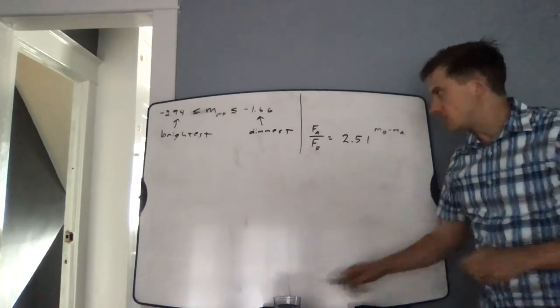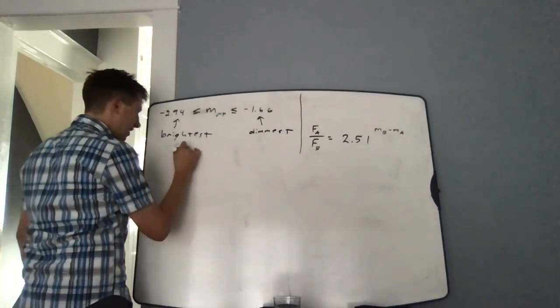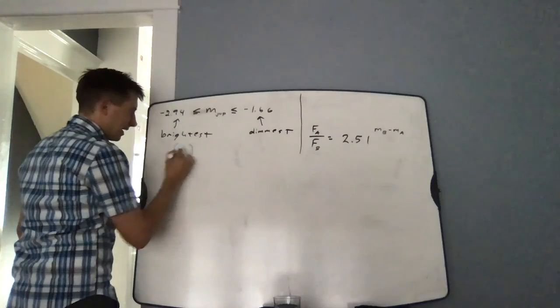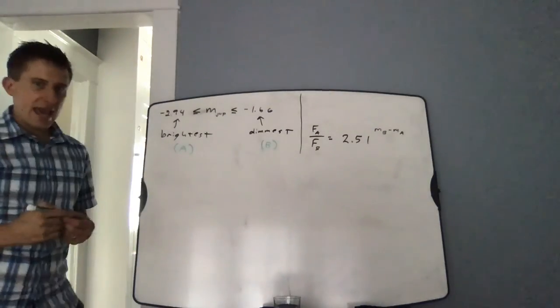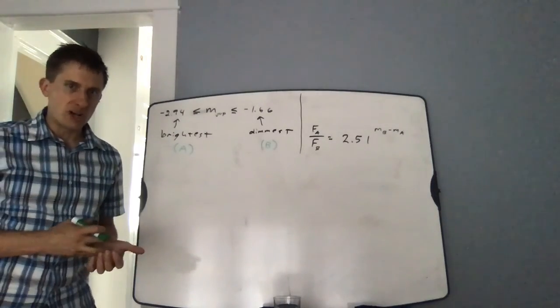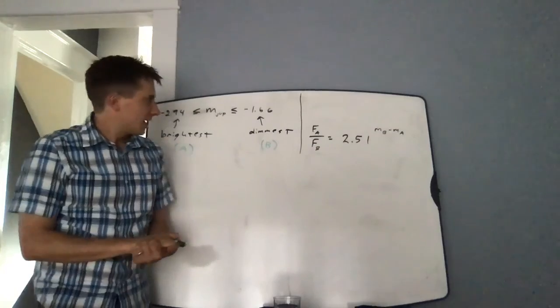So I am going to designate Jupiter at its brightest is A, and Jupiter at its dimmest is B. And I'm going to furthermore write it as FDim and FBr for bright.